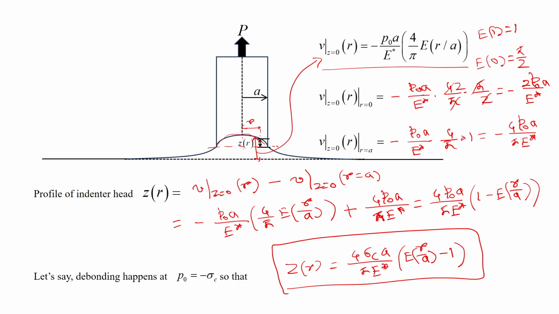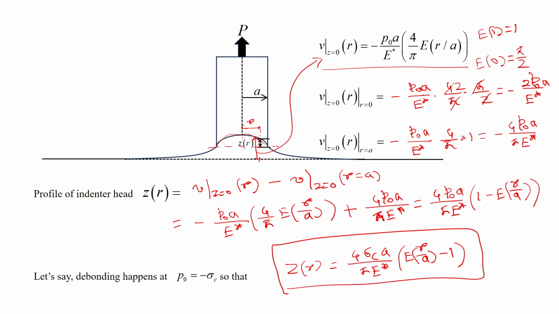For this particular head shape, we will have a pressure distribution at the interface that is constant with respect to r, and that is expected to give us the maximum pull-off load, because the stress concentration will not be there anywhere. The crack has to open whenever this critical stress is reached.